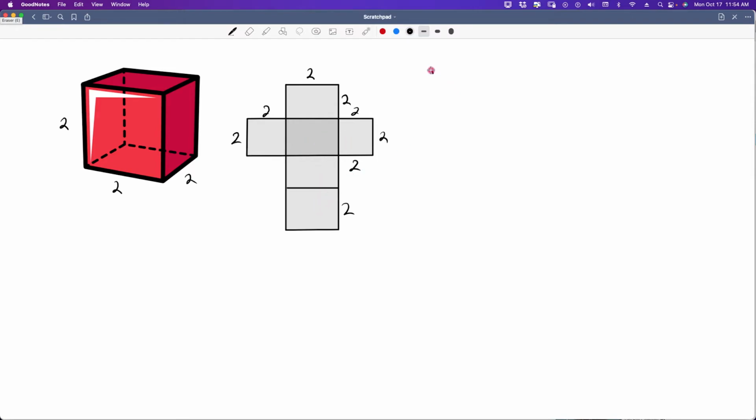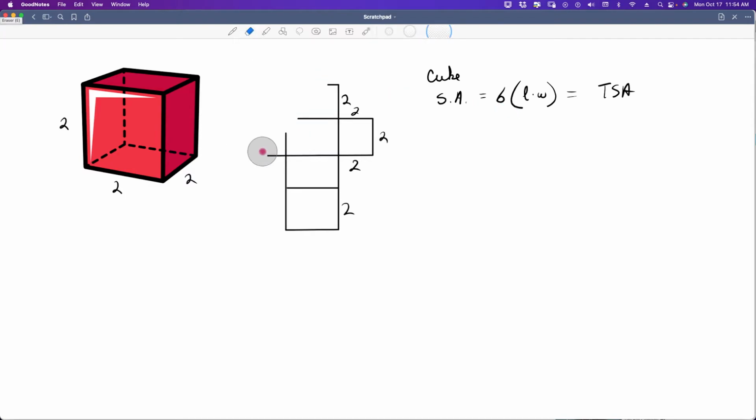So for a cube surface area, all of the sides are exactly the same. So we would have 6 times the length times the width. And that would equal the total surface area of the cube, because everything is a square.